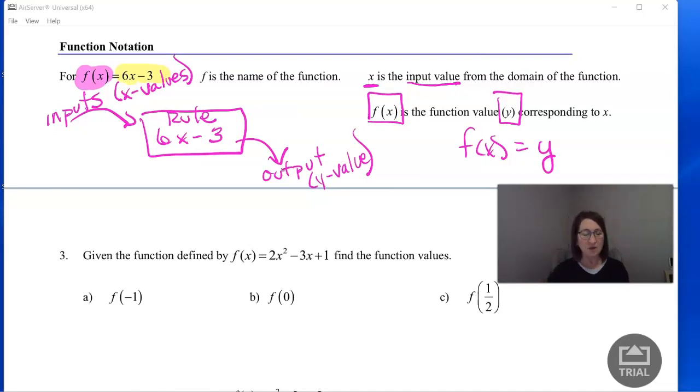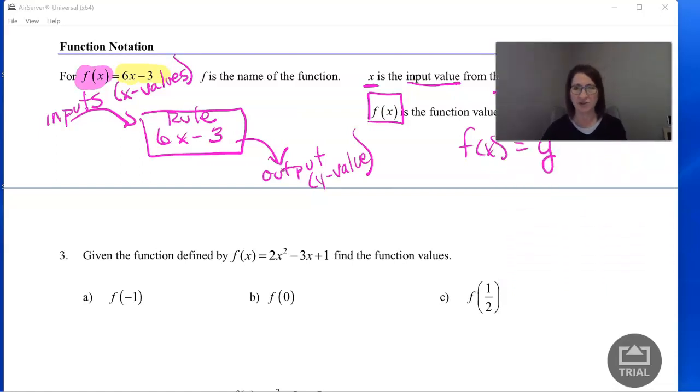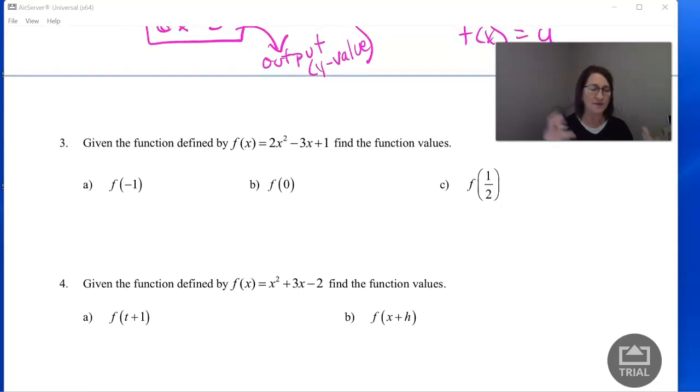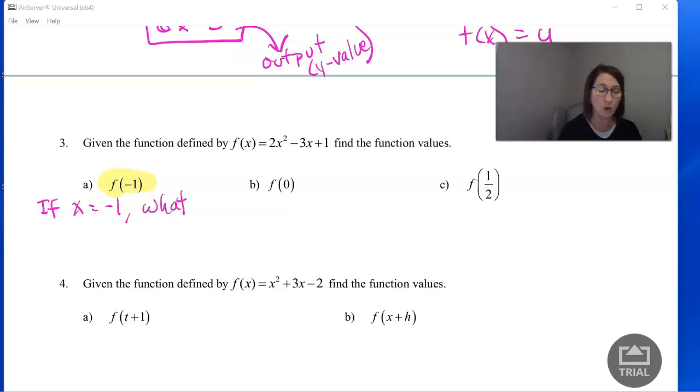All right, let's go ahead and evaluate some functions. So when we're evaluating our functions, this right here, f of -1, is asking us a question. It is saying, if x equals -1, what is y?